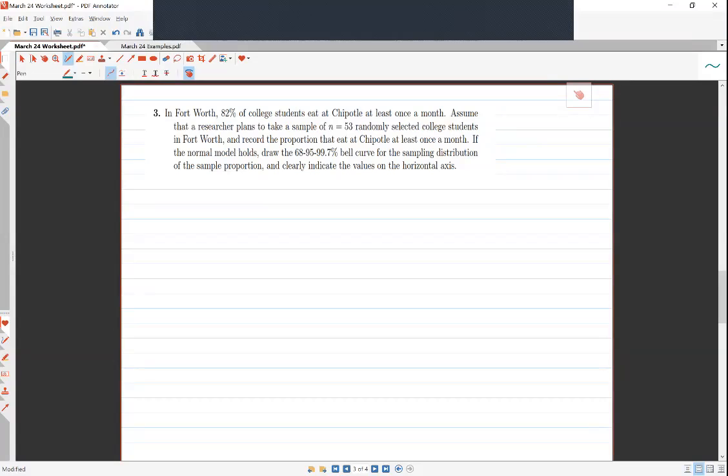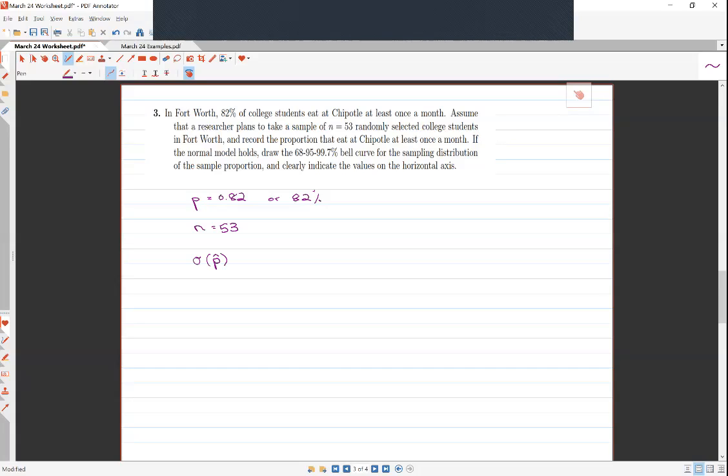So we know if someone were to go out and talk to every single college student in Fort Worth, then the true proportion would be 82%. But they're only going to go out and sample 53 students, so how much variability would they expect to see? Well, that's the standard deviation that we want to calculate.